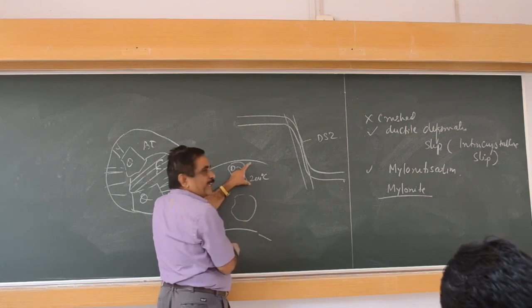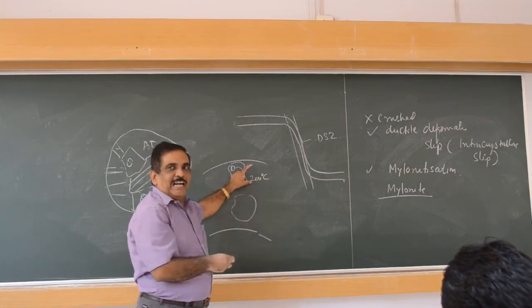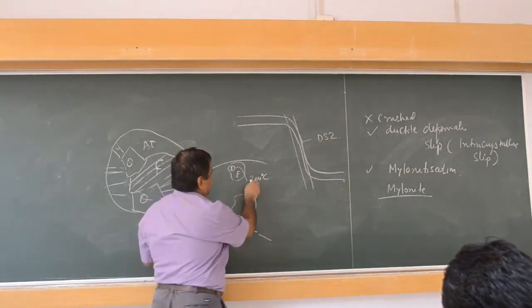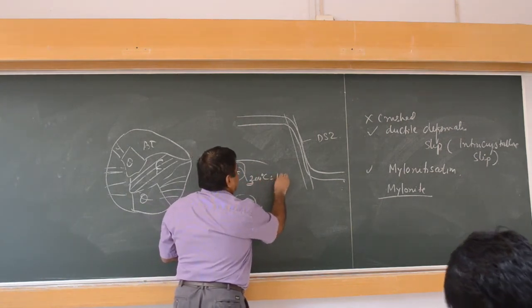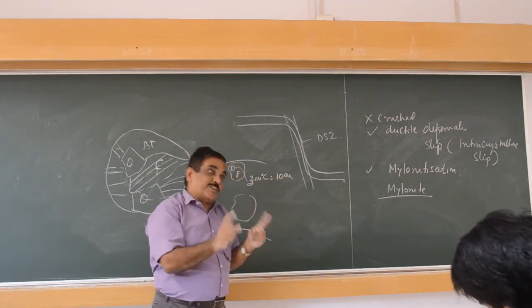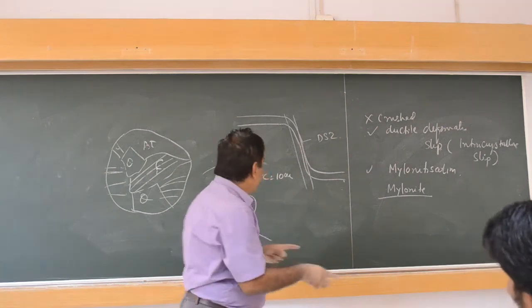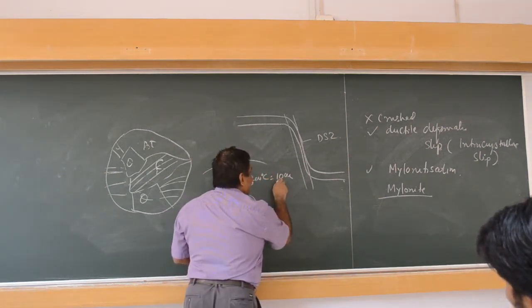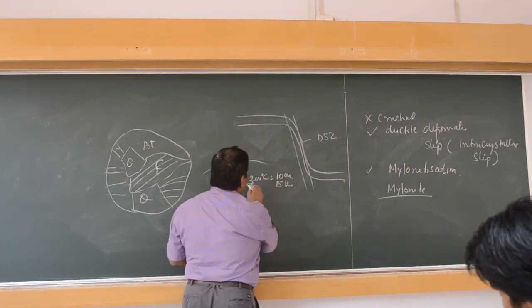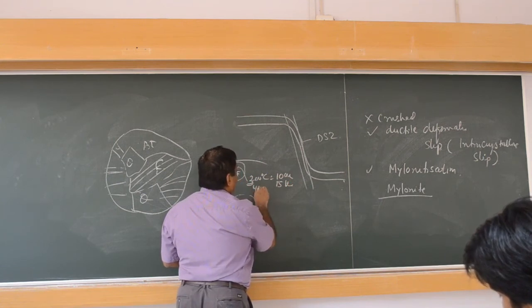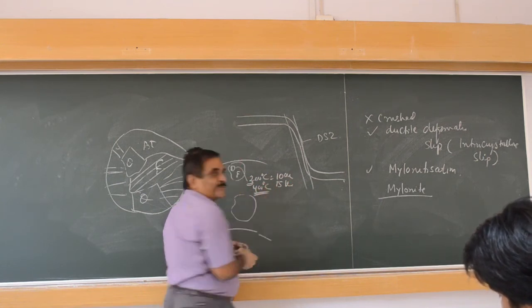So at what depth will that be? Suppose around 300 degrees, at 10 kilometers, quartz becomes ductile. But to make feldspar ductile you require 15 kilometers. 15 kilometers means how much? Around 400 degree centigrade. You understand this part?